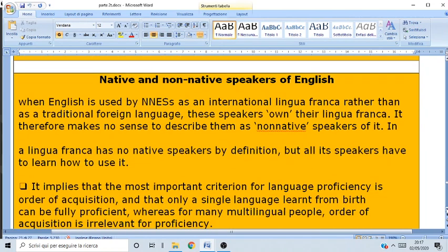And we were talking about some scholars that make a difference between native and non-native speakers of English. The fact is that when English is used as an international lingua franca, speakers own that lingua franca, because there are no native speakers of a lingua franca, as well as there aren't any non-native speakers of a lingua franca.